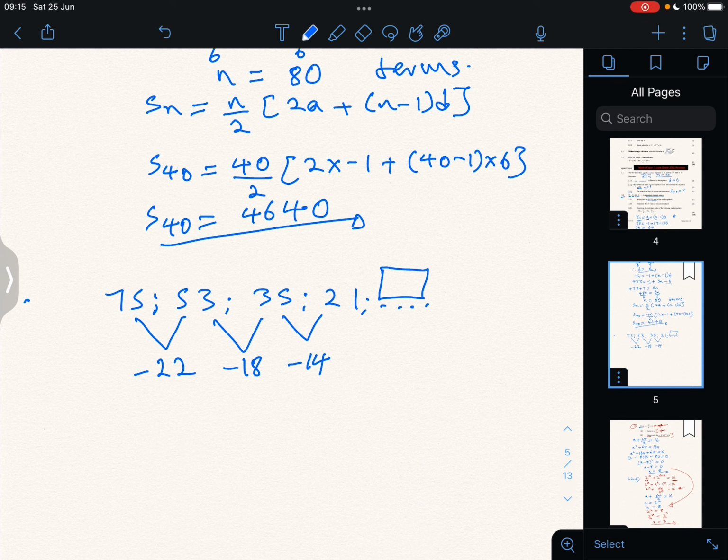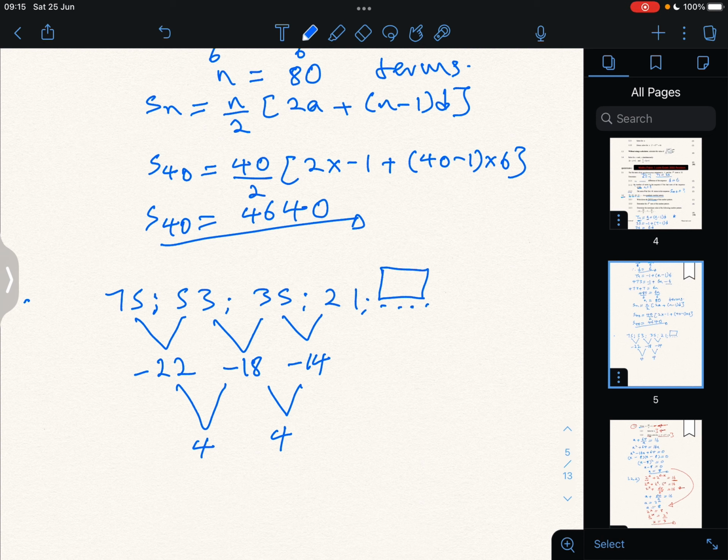And now we look for the second difference: negative 18 minus negative 22, that is negative 18 plus 22, which gives us 4. This one as well, negative 14 minus negative 18 gives us 4.